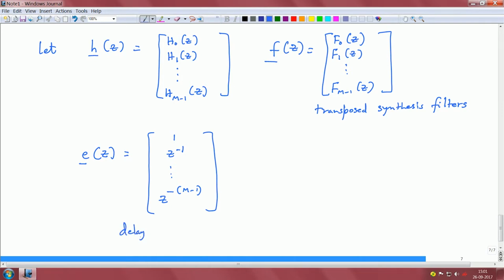This is the delay chain needed for polyphase representation. Okay.